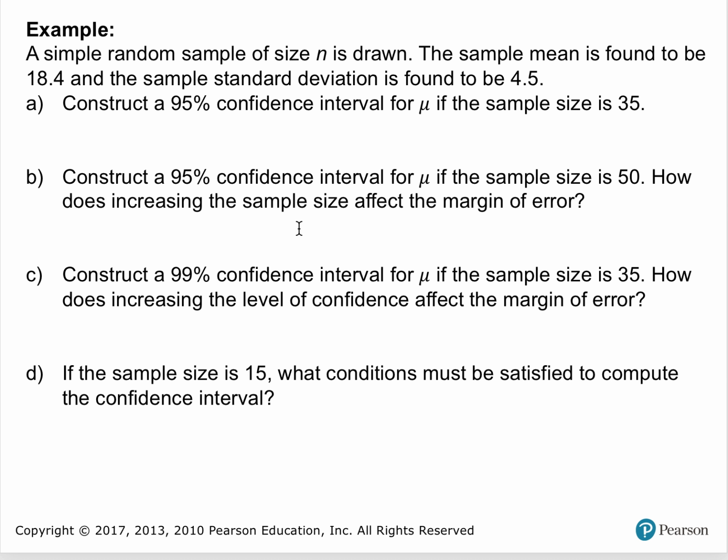But here's what we're going to do. Okay, so we're going to go into our stat, go over to tests, and then if you scroll all the way down, you'll see number 8, or you can just hit the number 8 and it'll bring it up. But notice number 8 is called T-interval. All right, and then you've got data or stats. Go over and highlight stats.